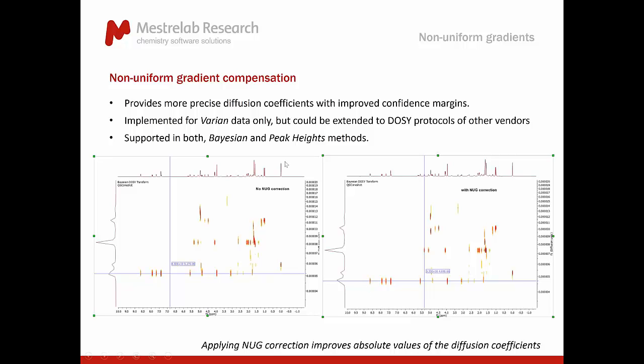But also, because your fitting function is closer to the experimental data, you can see that the fit has better error margins. It's very difficult to see in here, but you have a slight improvement in the width of the peaks. And as I said, non-uniform gradients can be compensated for both the Bayesian and peak heights methods.